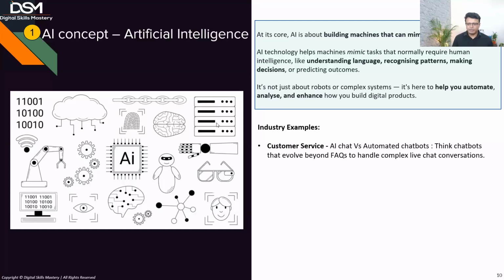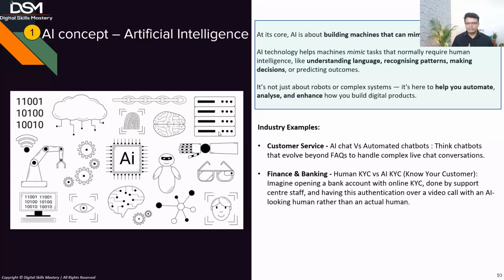Some industry examples. In customer service, you must have yourself experienced AI chats versus automated chatbots. We've seen news about Salesforce cutting around 4,000 jobs from customer service, because guess what? The AI chats and the automated chatbots are doing a fabulous job. Next is finance and banking, where human know your customer versus AI know your customer is taking over.